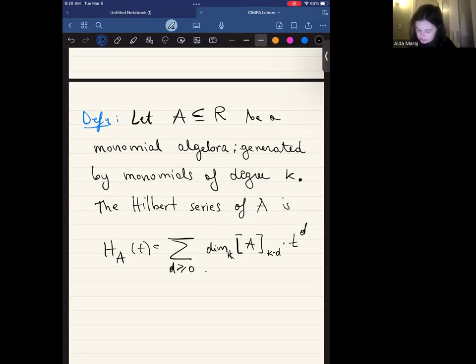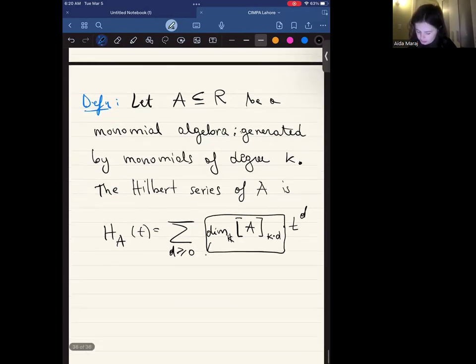So this is again similar to earlier, and this can also be written as just the number of monomials of degree K times D in A.